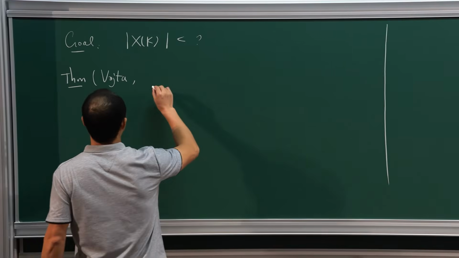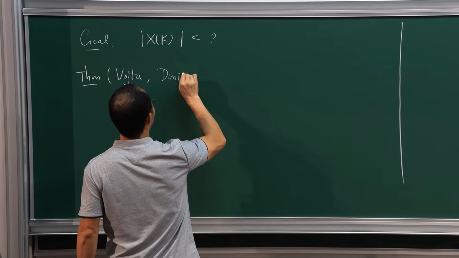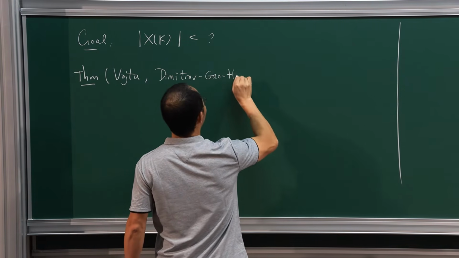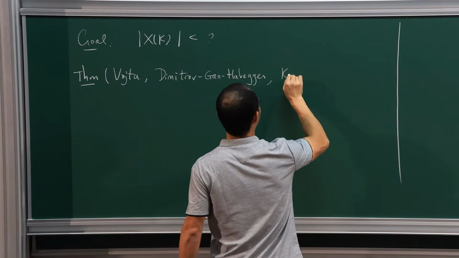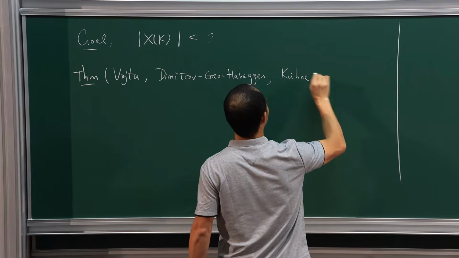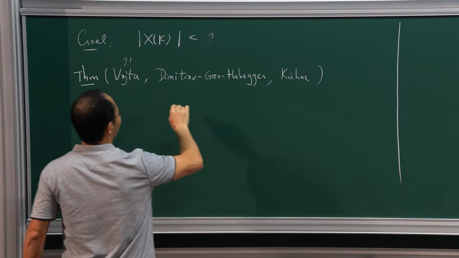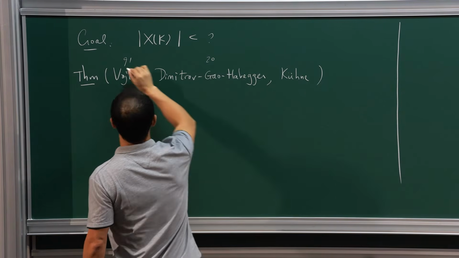Now, Vojta, DGH, Dimitrov-Gao-Habegger, and then Kühne. So for the years, this is 91, this is 91, this is 20.